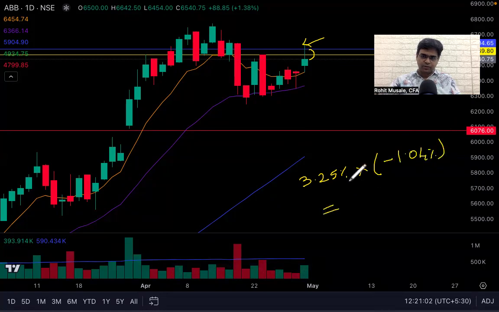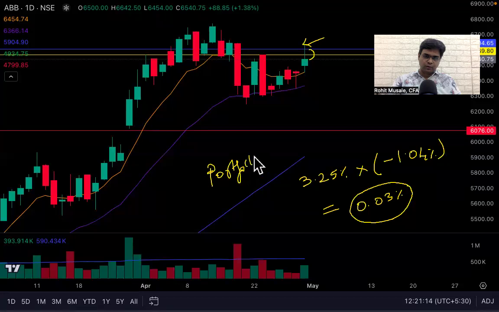So if I multiply that, I get 0.03%. This is the amount of money I lost on a portfolio level. On a portfolio level, this is the amount of money that I had lost, 0.03%.